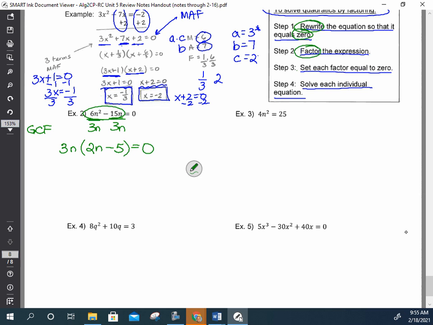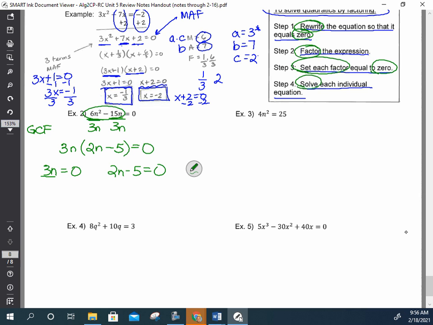Step 3. Set each factor equal to 0. So we break the problem apart. That's 3n equals 0, and 2n minus 5 equals 0. So now we solve each individual equation.